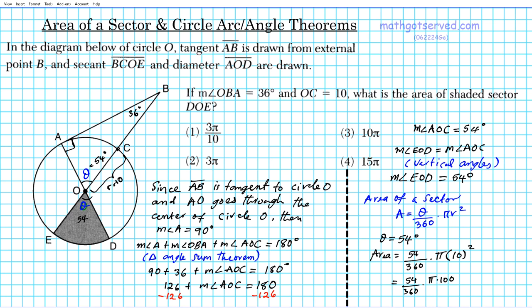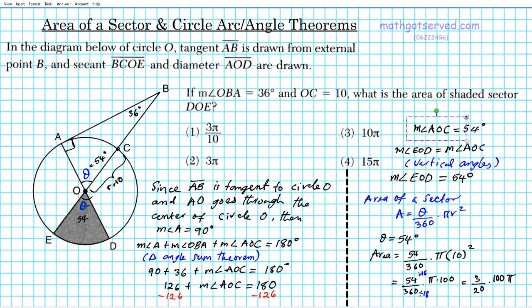18 goes into 54 and 360, so we're going to divide top and bottom by 18 just to reduce it. 54 divided by 18 is 3, over 360 divided by 18 is 20, times 100 pi.